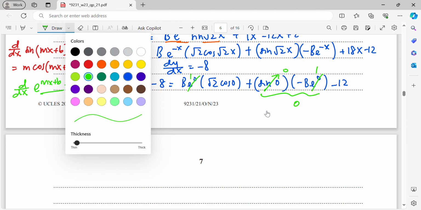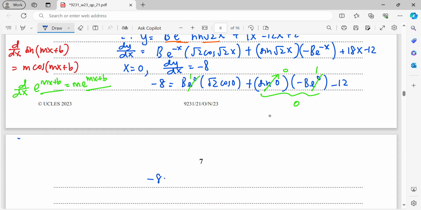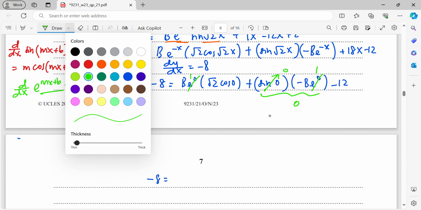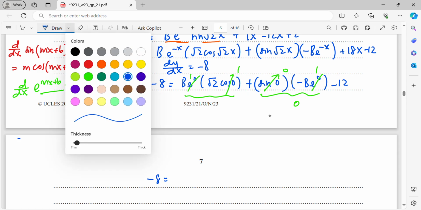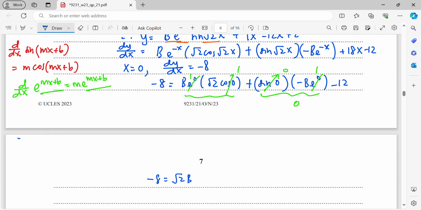That means now, left side minus 8. Then first term on the right hand side will be b times 1 times square root 2. The cos 0 is 1. That means the whole term is just square root 2b, followed by minus 12. So my square root 2b equals this, and minus 12 moved to the other side is plus.